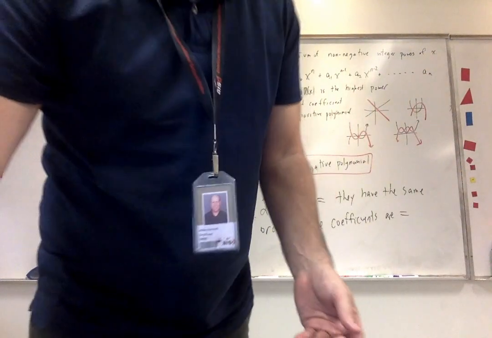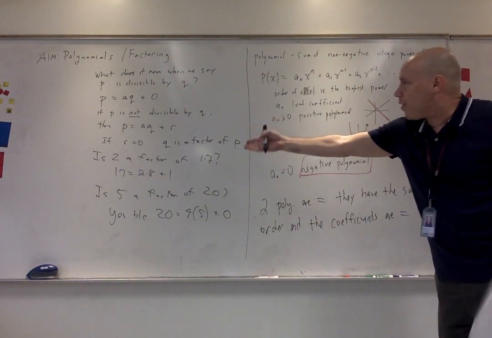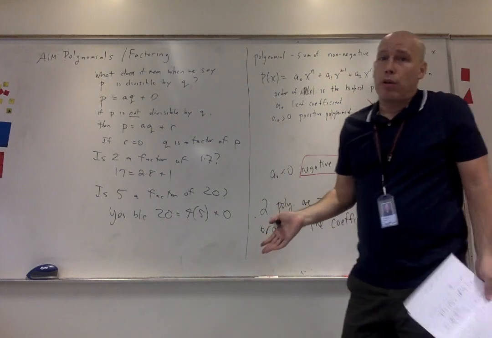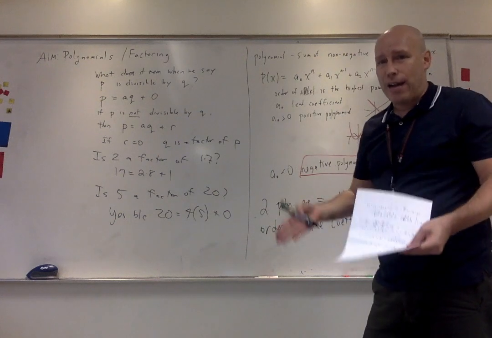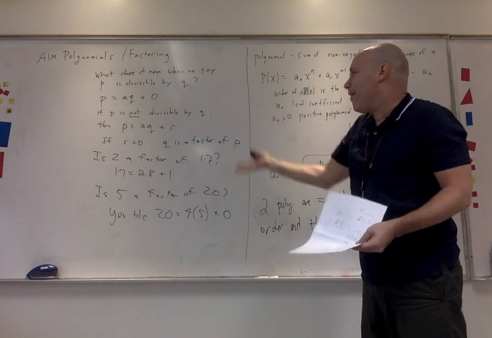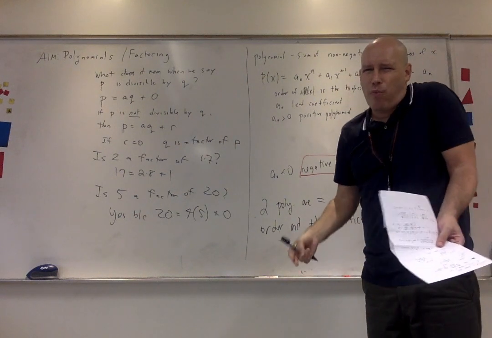So why did I bring factoring up, and then why did I talk about polynomials? The idea is we want to factor polynomials. We want to see if polynomials have the same behavior as regular numbers. Why do we want to teach this?